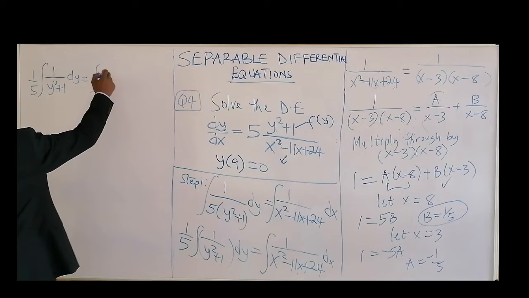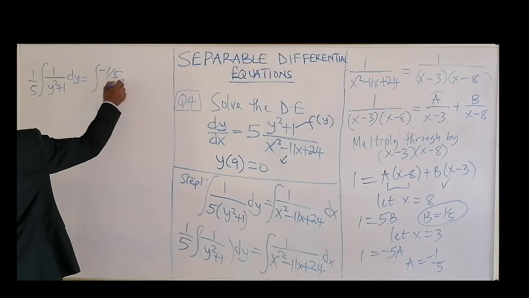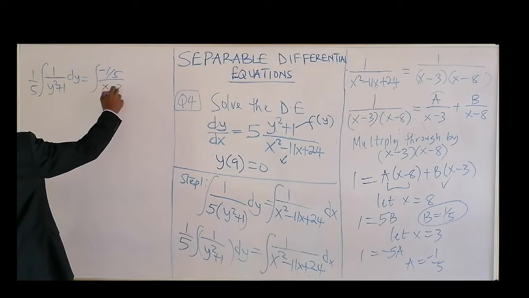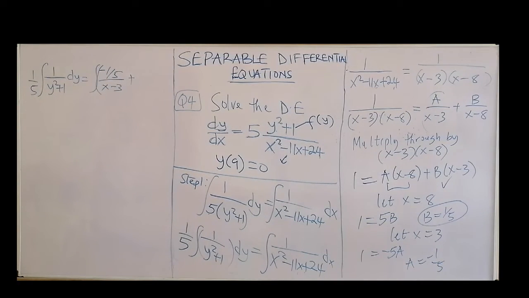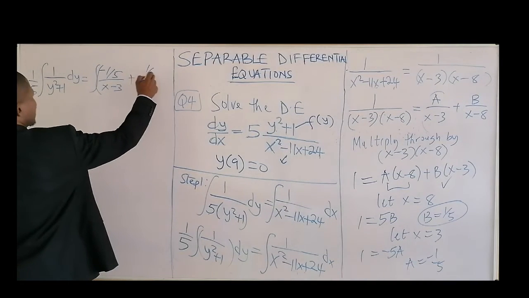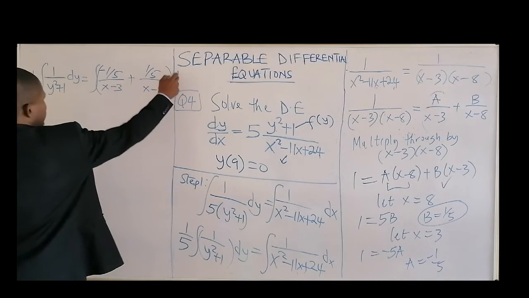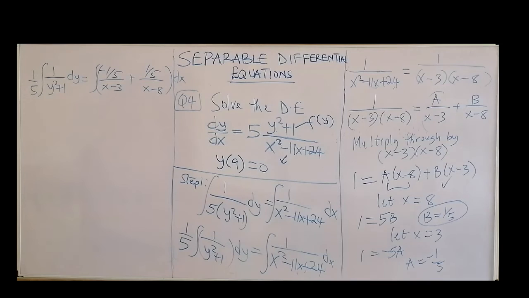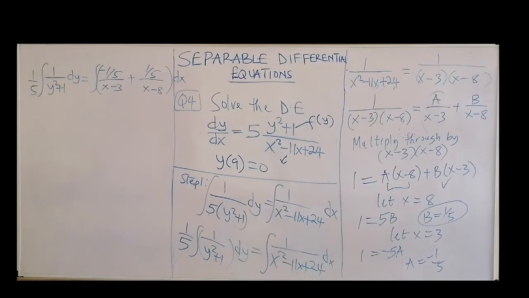My A is minus 1 over 5, all over x minus 3, plus my B is 1 over 5, all over x minus 8, dx. Don't forget that the integral of a sum of functions will be the integral of each of those functions.